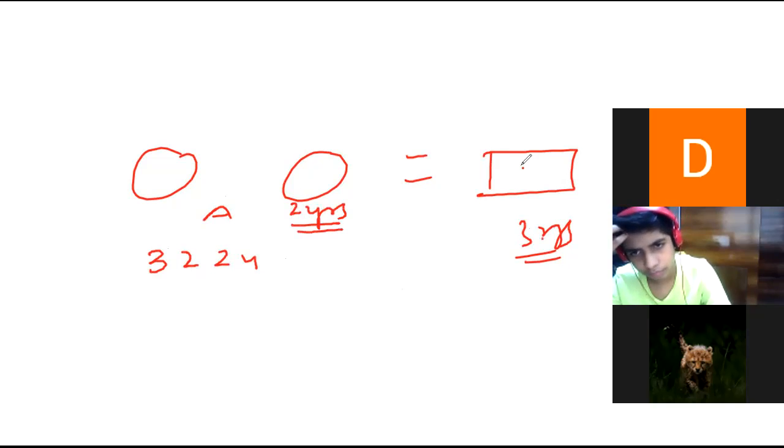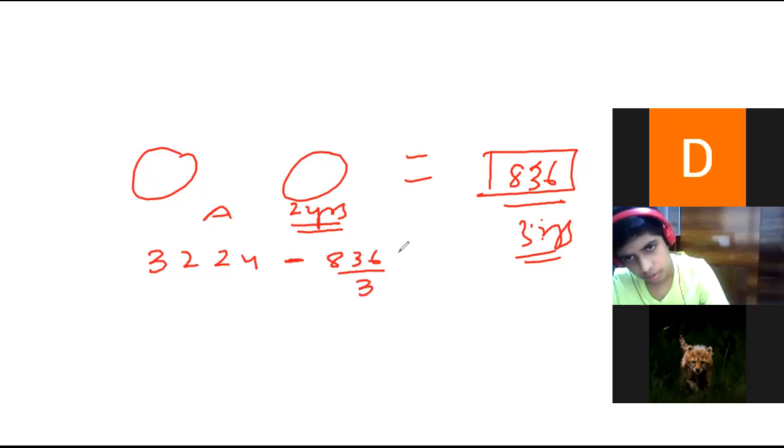And this is that 836. 836 is for 3 years. Divide by 3, it is 1 year. So 3224 amount minus 836 upon 3 into 2. This will become interest for 2 years.